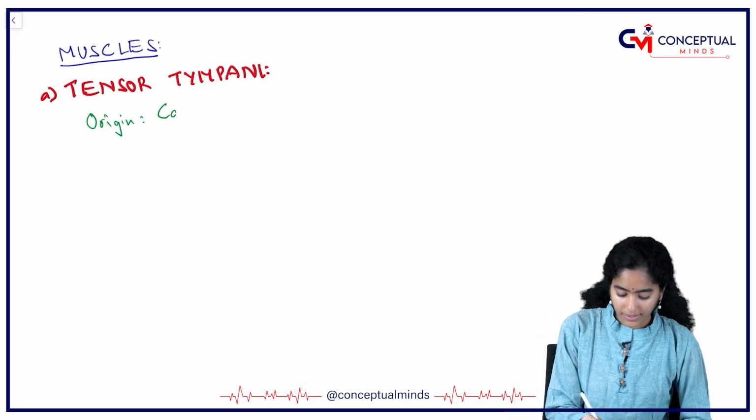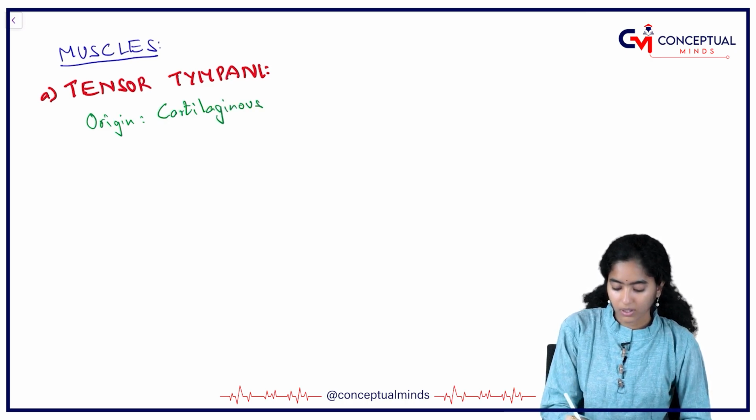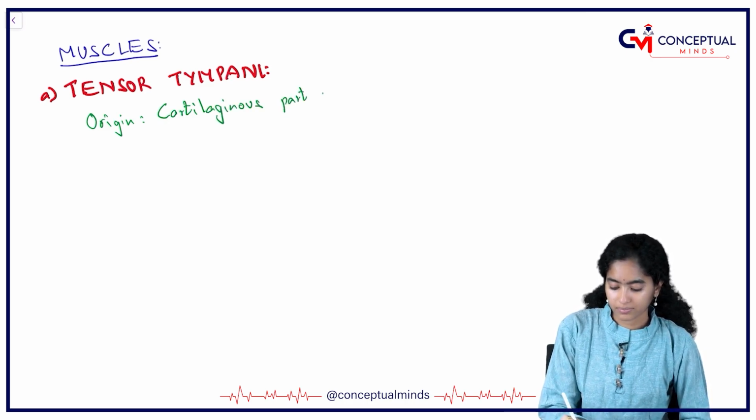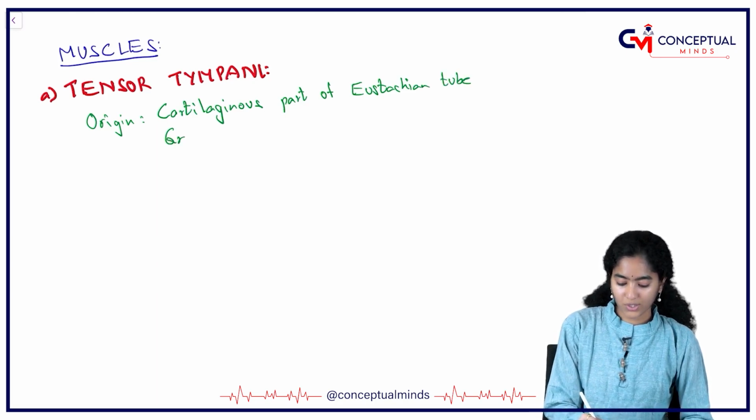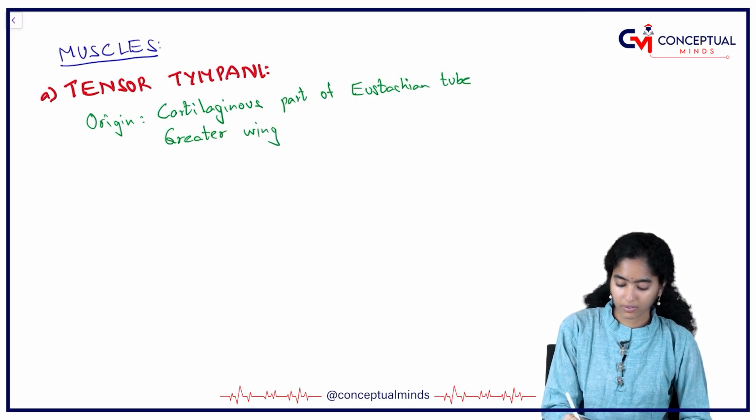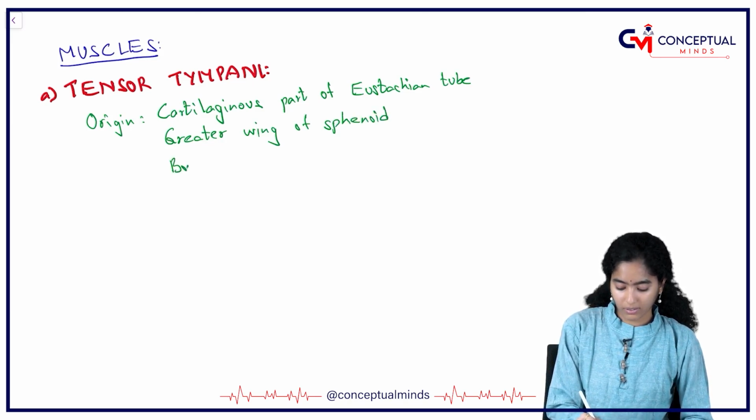So, cartilaginous part of eustachian tube, greater wing of sphenoid and its own bony canal.